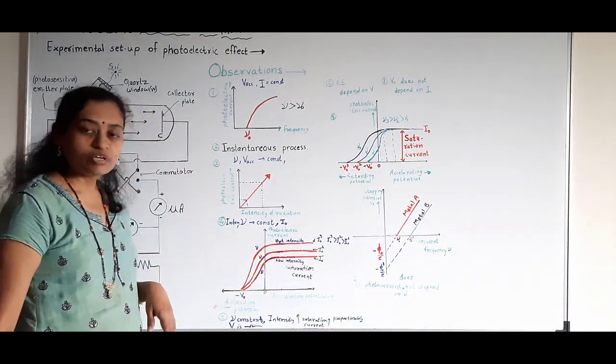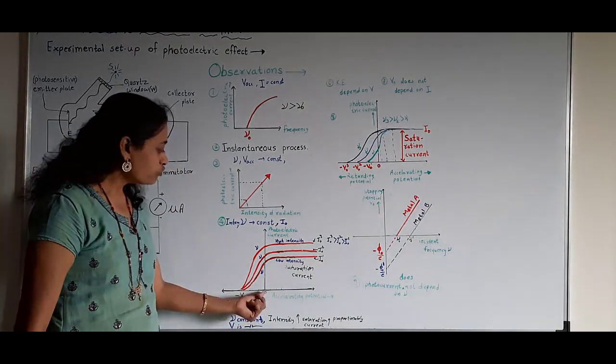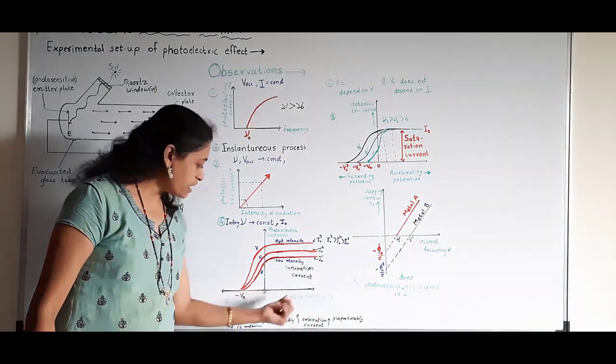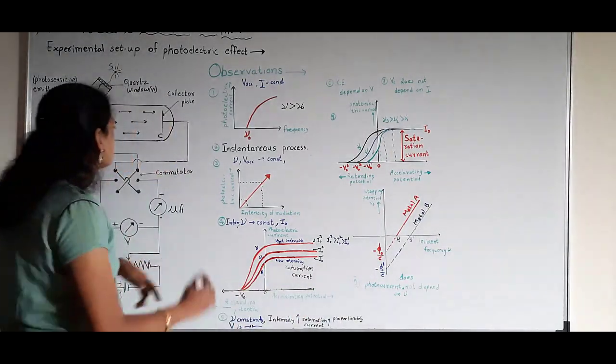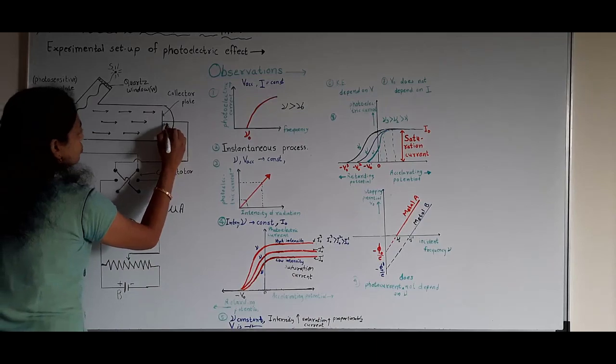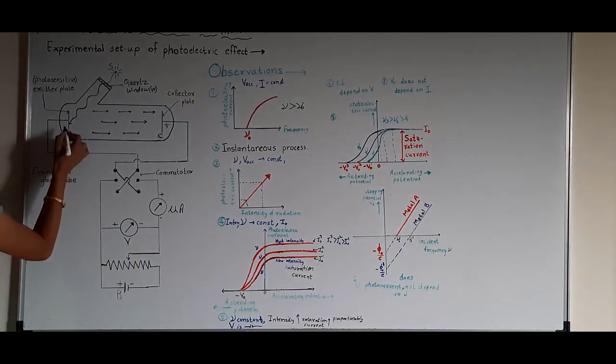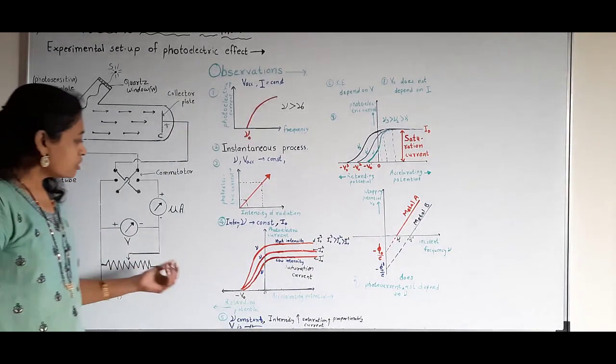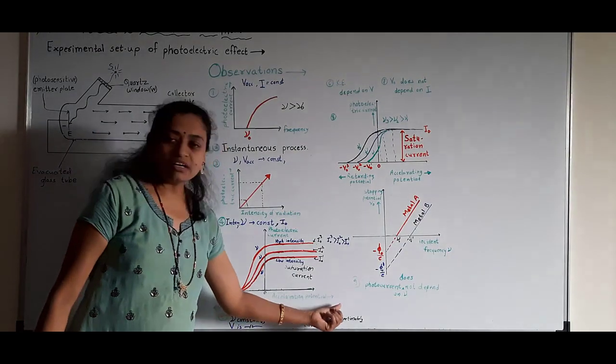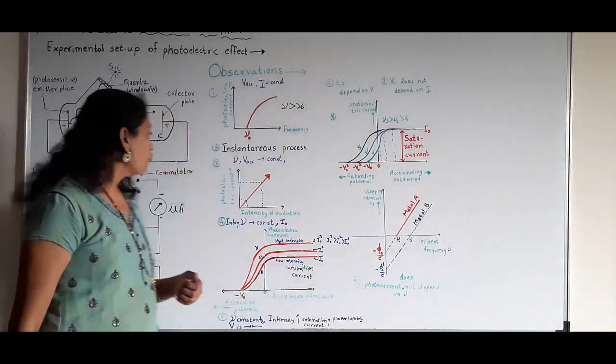In the second step, we go on increasing the accelerating potential. This means a positive potential is given to the collector and a negative potential to the emitter. As we go on increasing the accelerating potential, what happens?